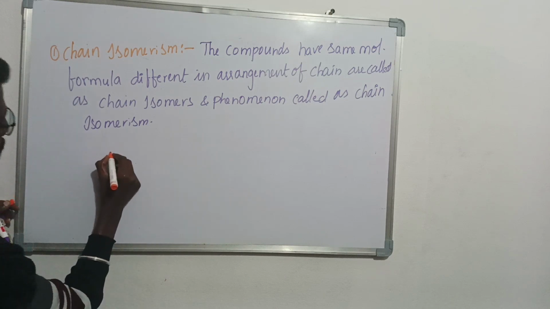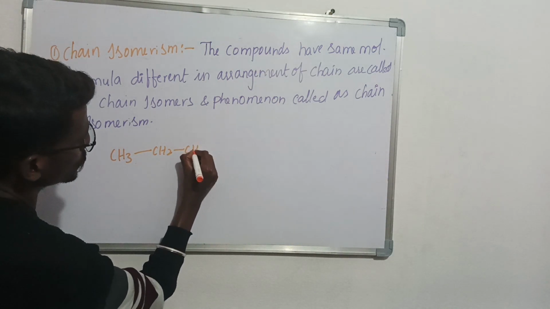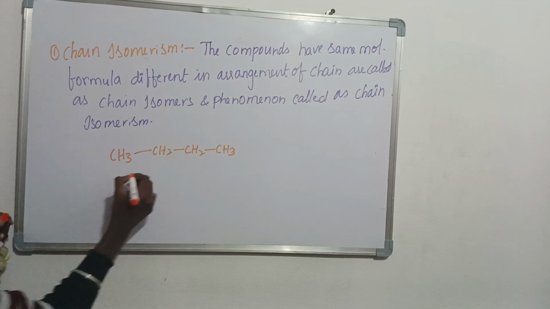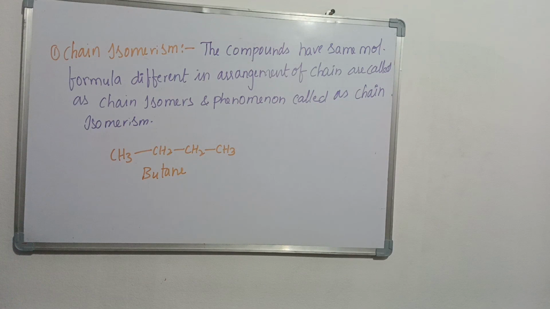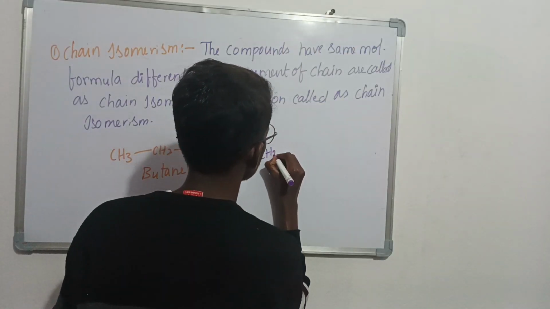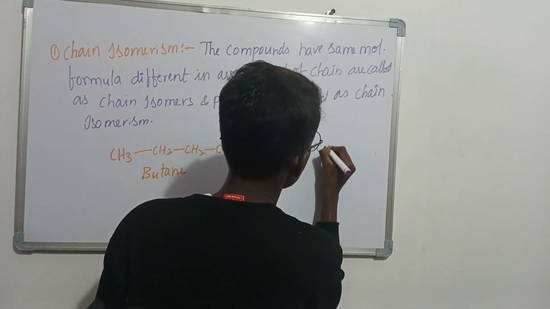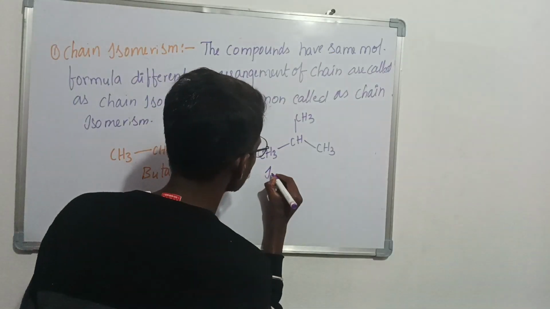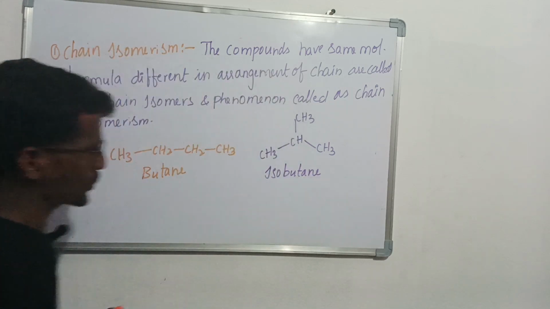We'll see one example. CH3, CH2, CH2, CH3. The name of this one is butane. We'll see one more example: CH3, CH, CH3, CH3. The name of this one is isobutane.